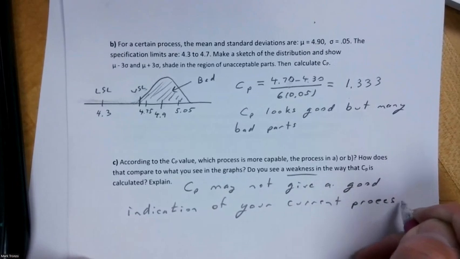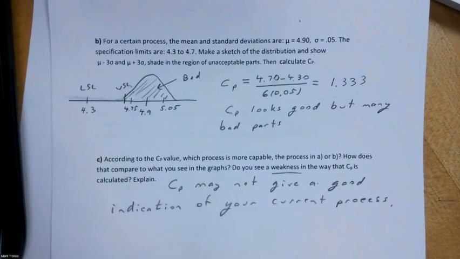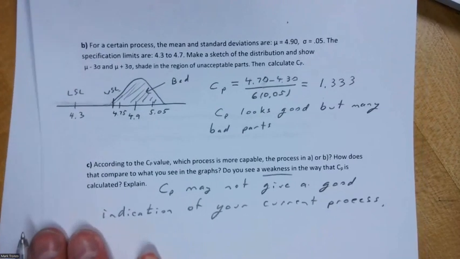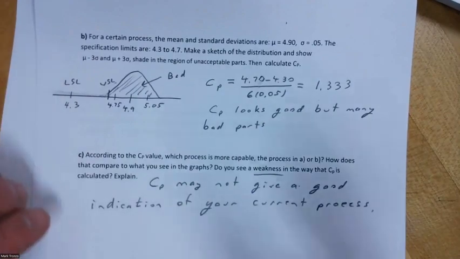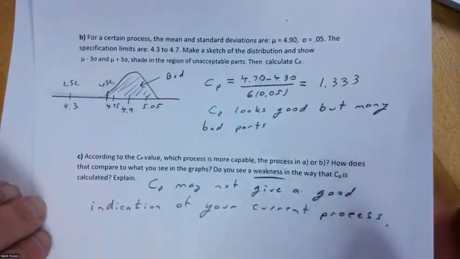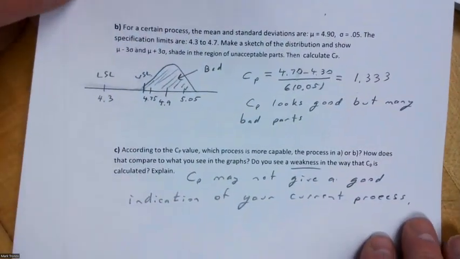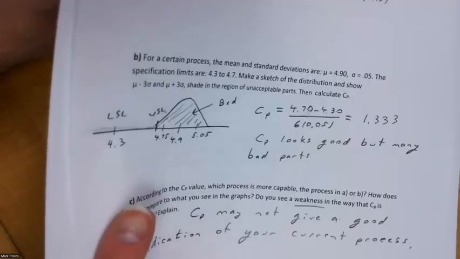Again, it may indicate how good your process is if the mean is centered. It does indicate, though, that your process mean could be changed so that you could put things within tolerances. So yeah, that's just sort of a start. So go ahead and continue. The next page will have it calculated.